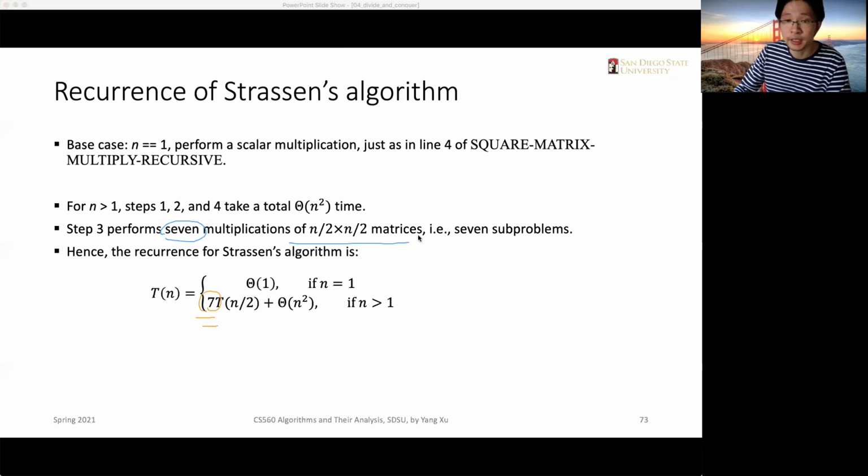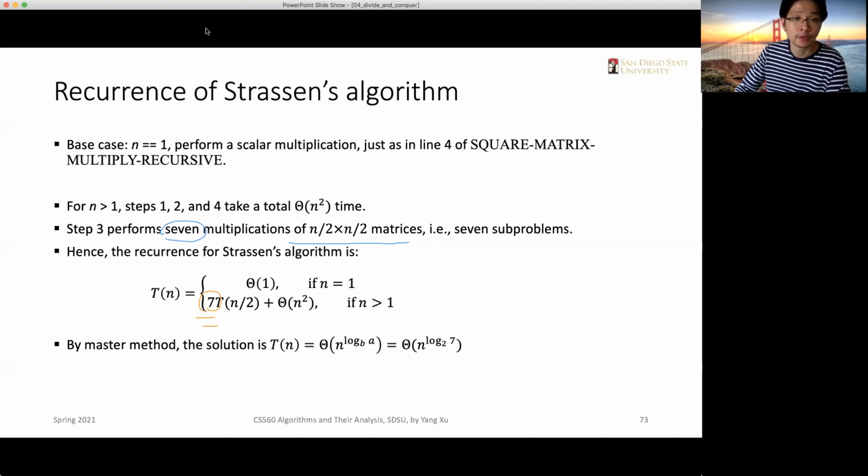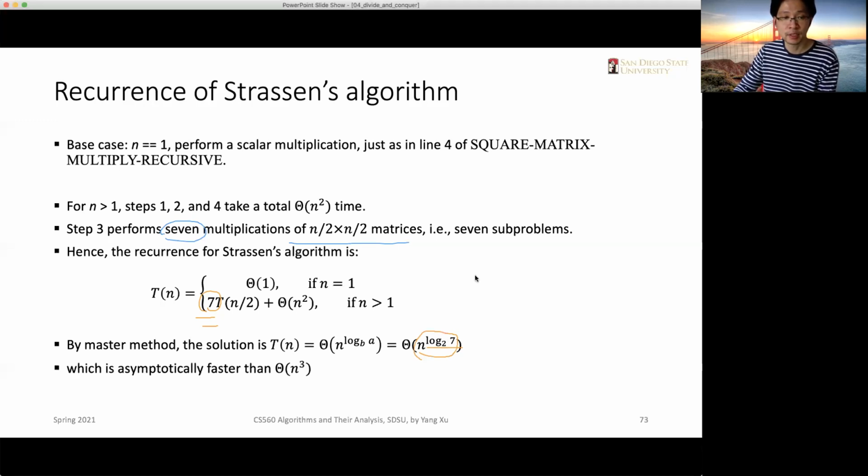And it's obviously an improvement, because if we use the master theorem to solve this recurrence, it's n to the power not of 3, but of log base 2 of 7. And this quantity, log 2 of 7, is smaller than 3. Which means the new solution grows slower than the cubic function.